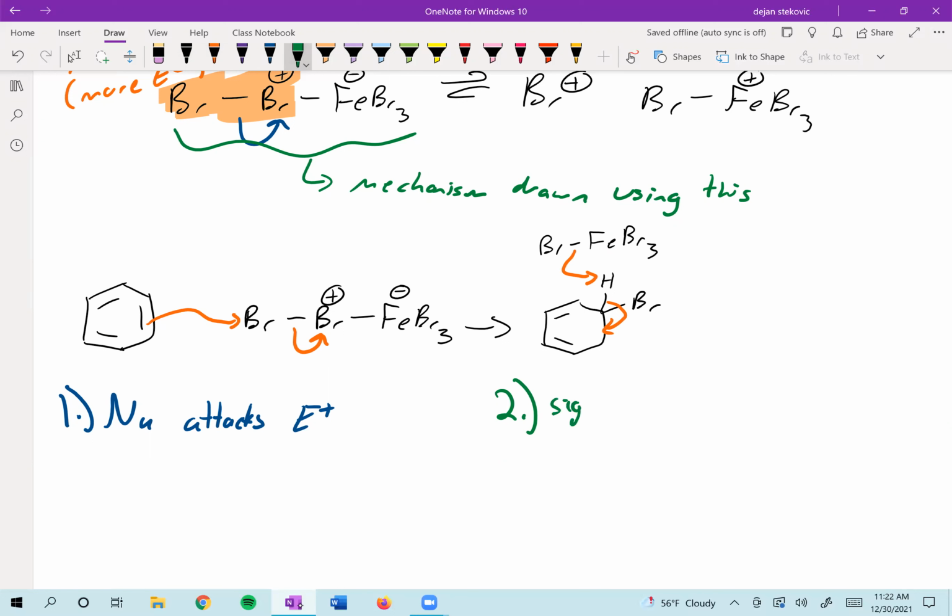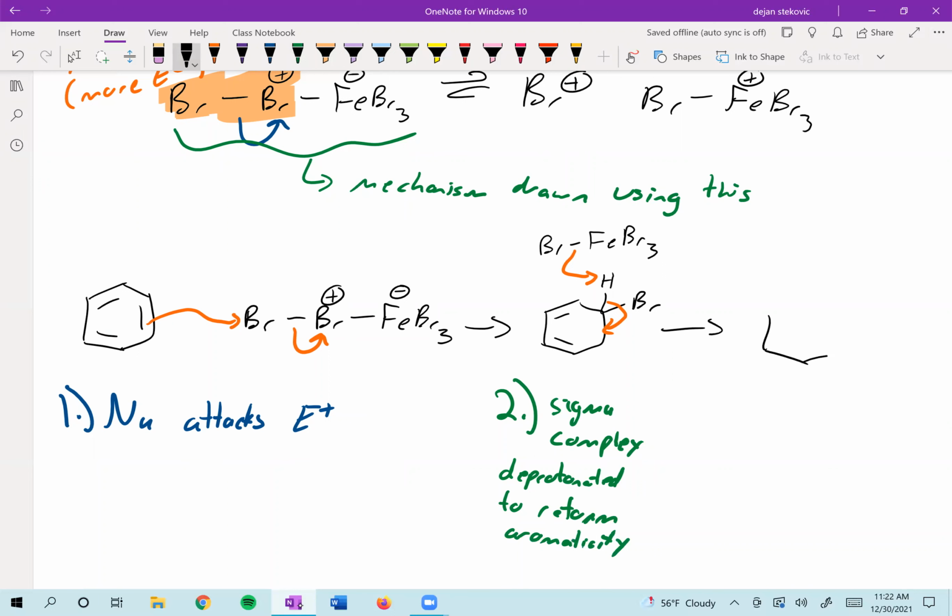So here the sigma complex is deprotonated to reform our aromatic system. Note that our catalyst is regenerated, and then we have some HBr as well.